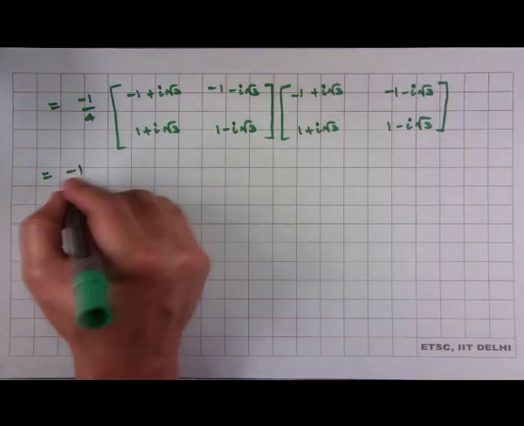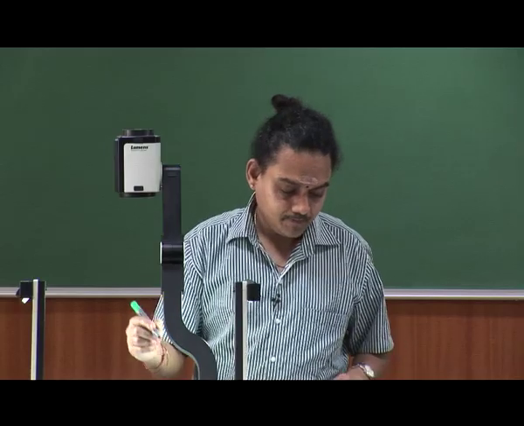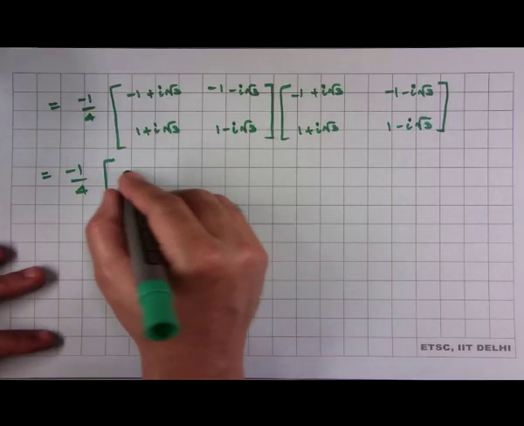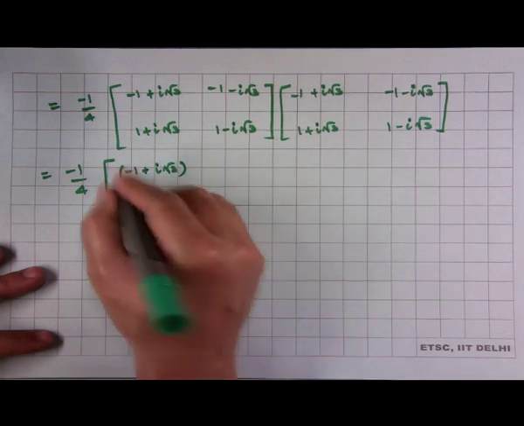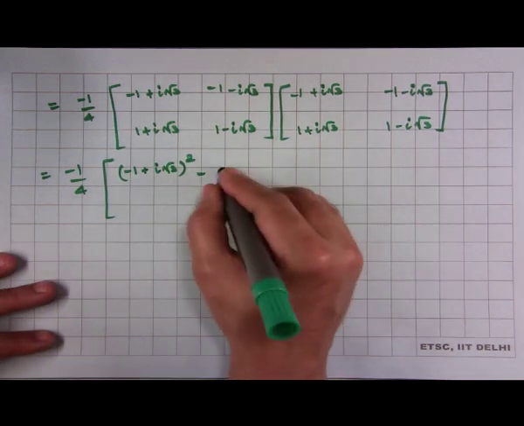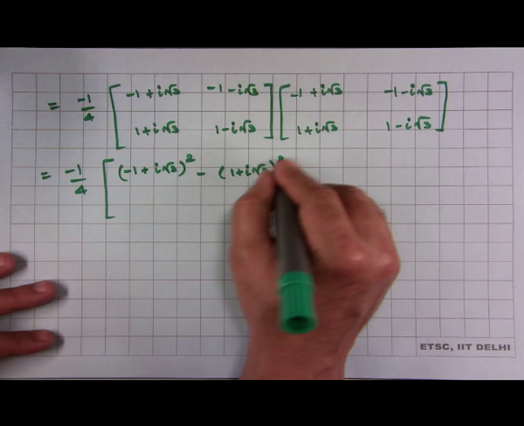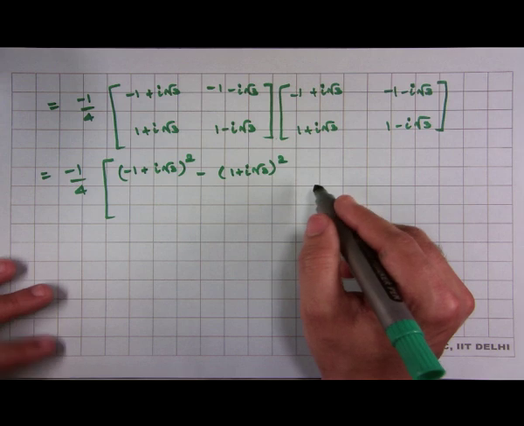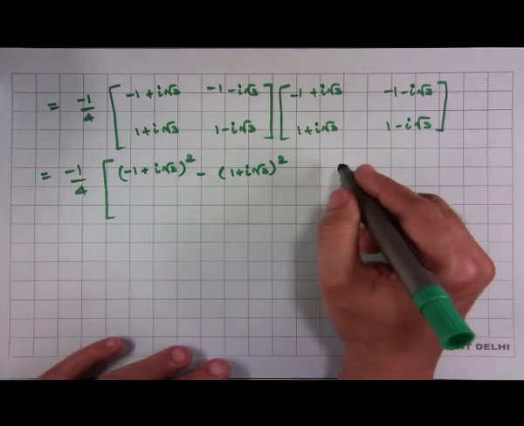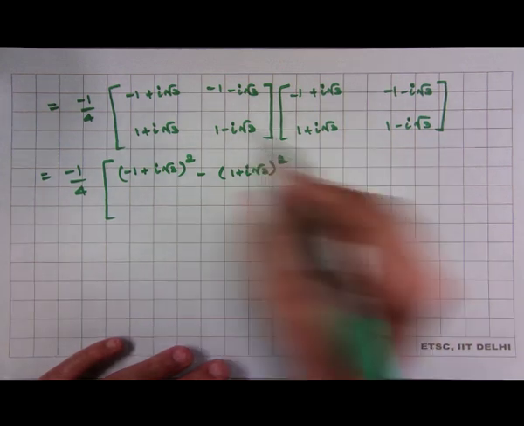We have minus 1 by 4 into, let us try to multiply. So, you have minus 1 plus i root 3 whole square minus 1 plus i root 3 whole square. Similarly, this into this, you have a plus b into a minus b is a square minus b square, but you have an i.